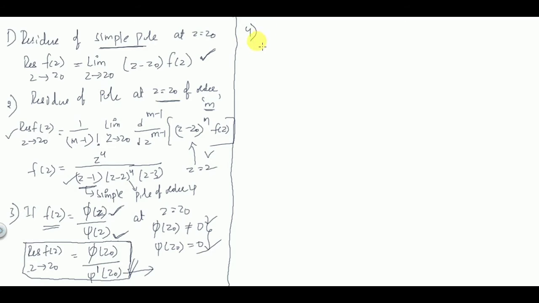Okay, next, fourth formula: residue at infinity. Sometimes they may ask you to find the residue at z is equal to infinity, that means z0 is equal to infinity, which is not a finite quantity. When you have a finite quantity, you have to remember these formulas.